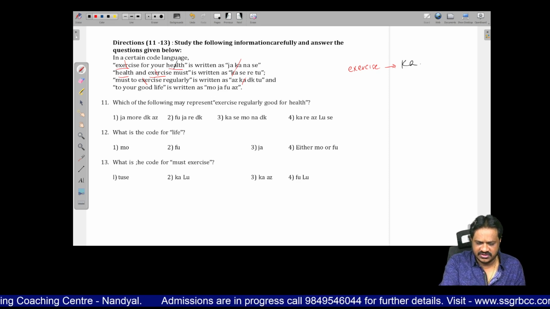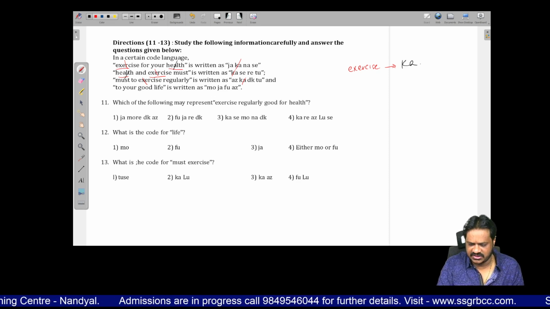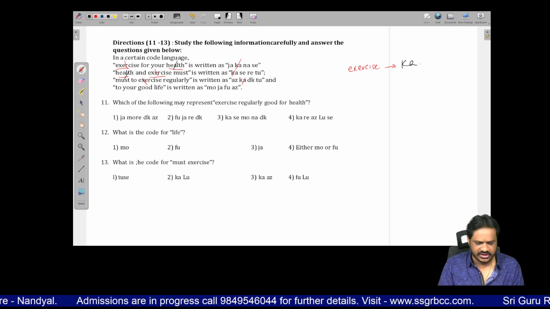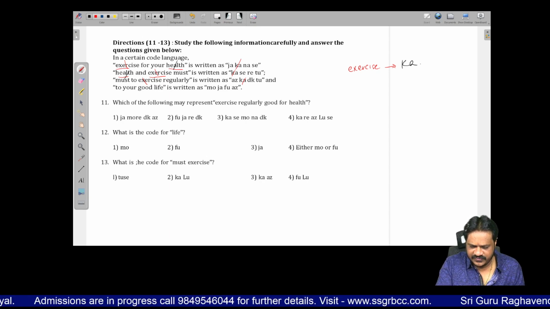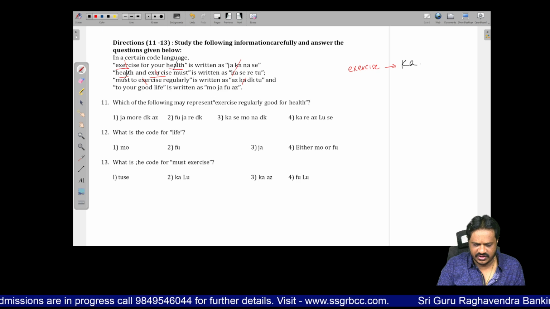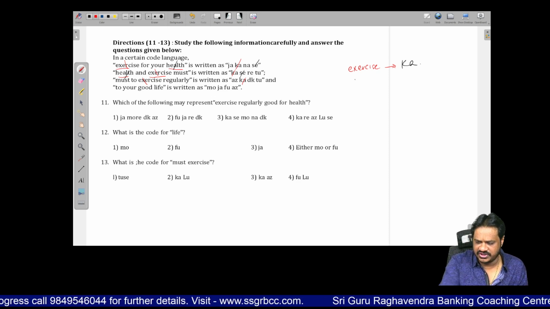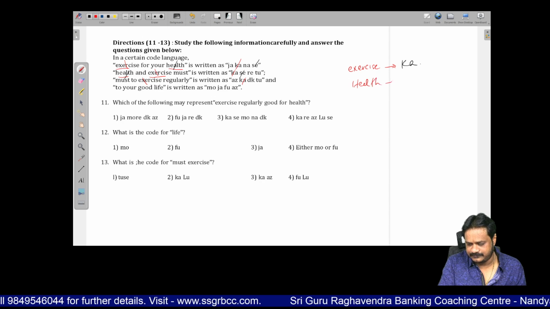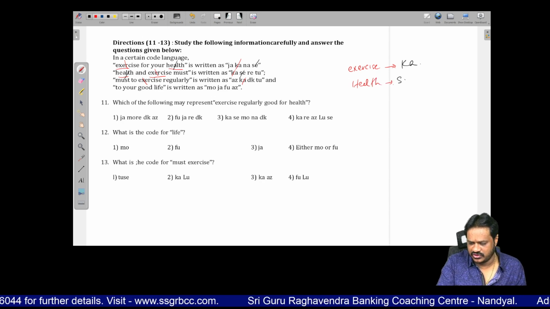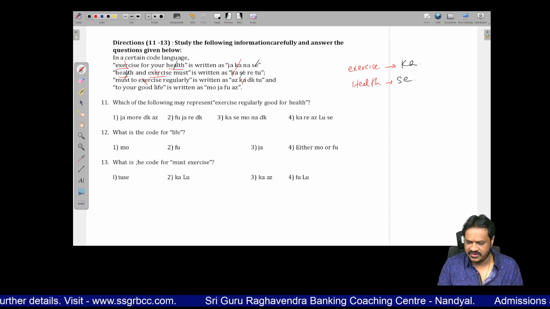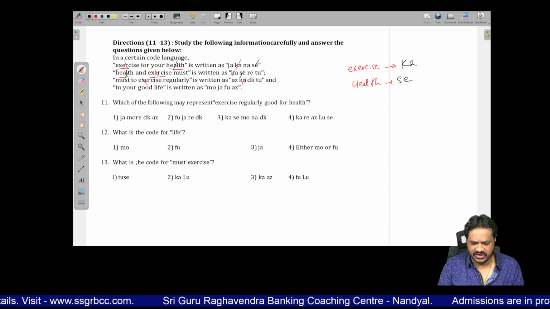Then health. In 1 and 2, you can see health is common, and SC is common. So health code is SC. Exercise, health, for, your.